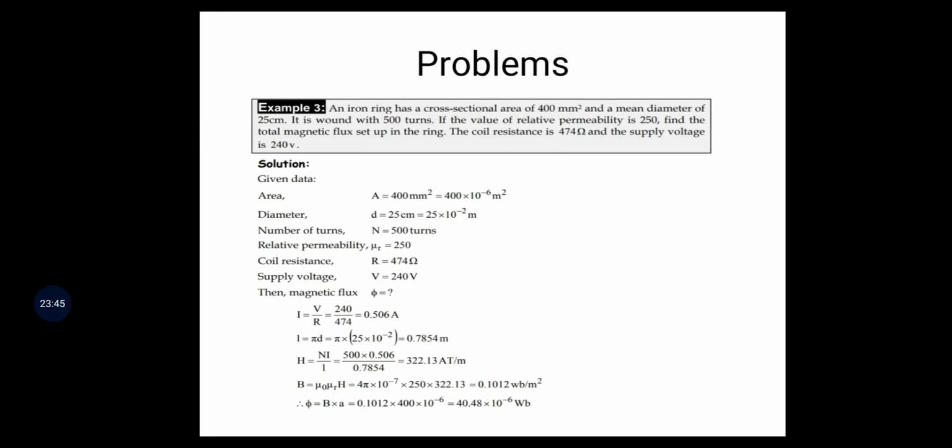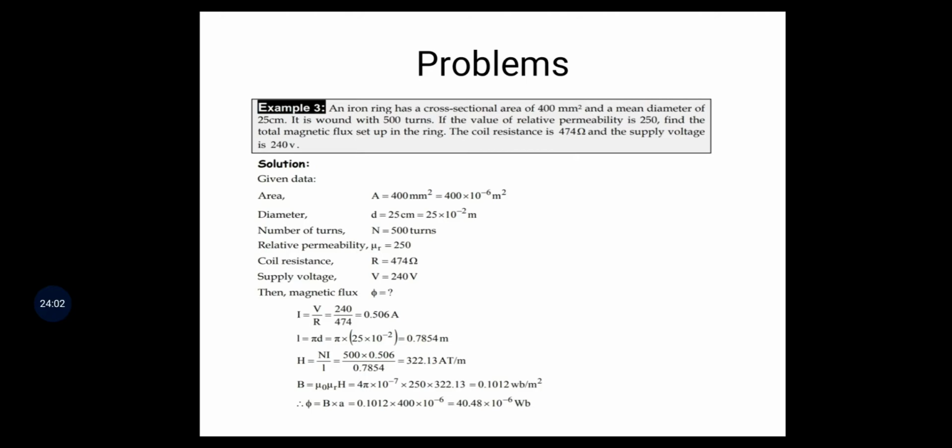Next, resistance of the coil R equal to 474 ohms, and supply voltage V equal to 240 volts.